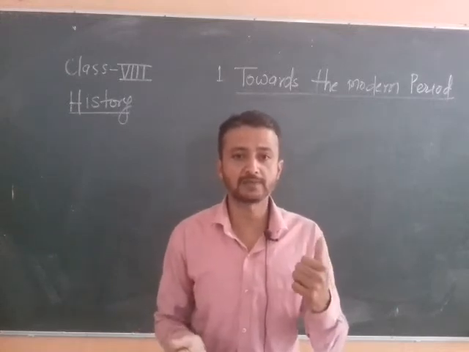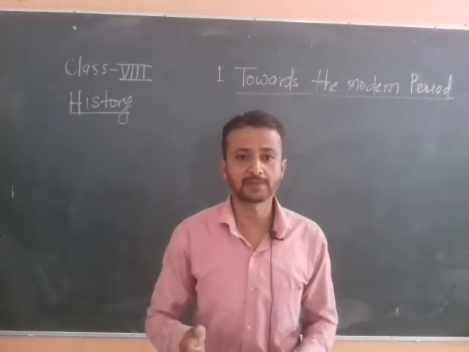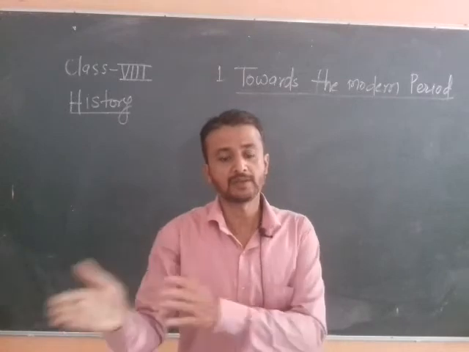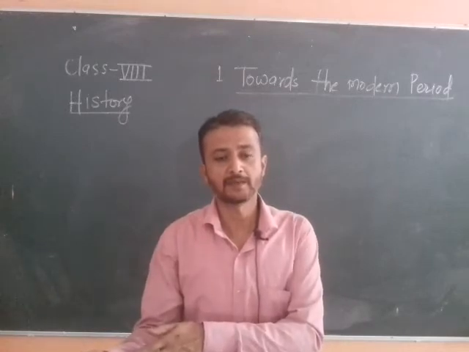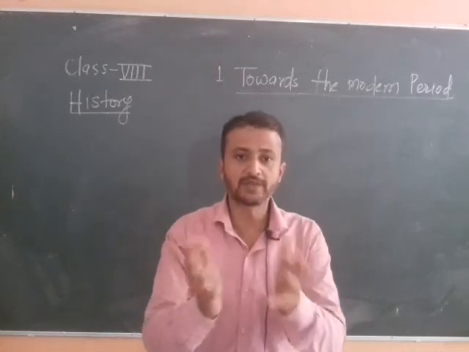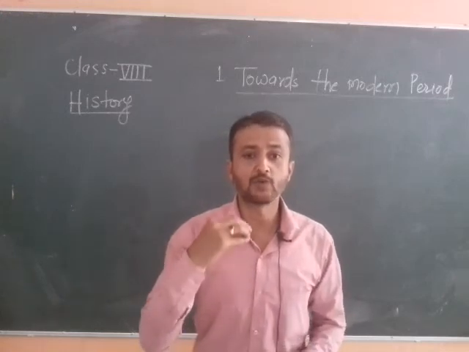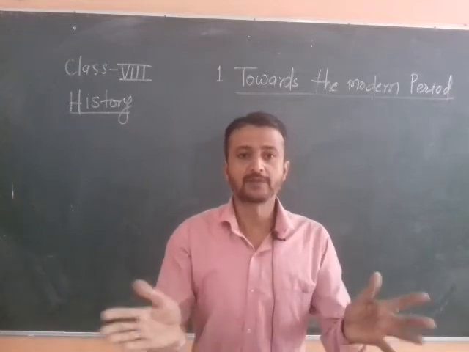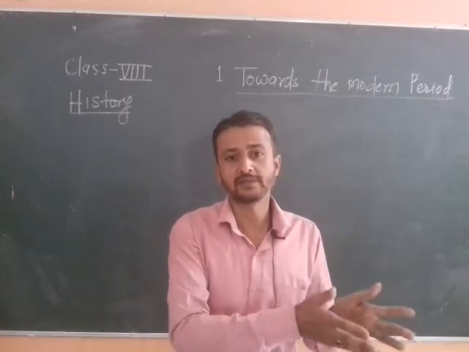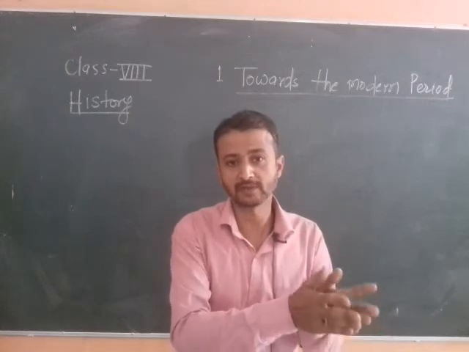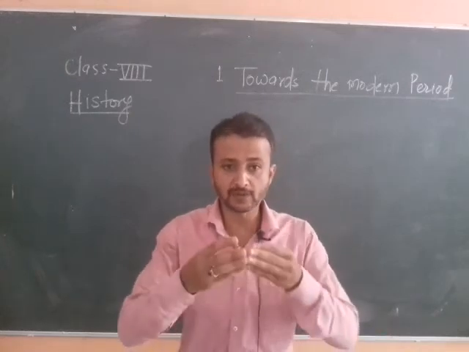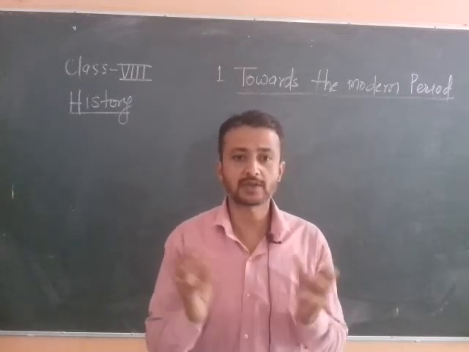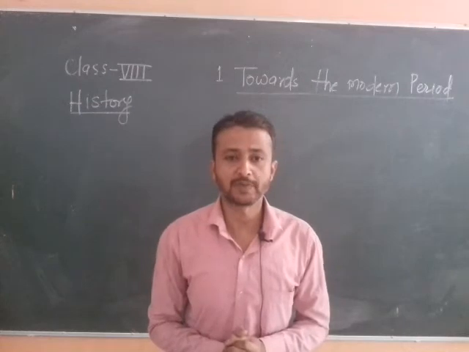In ancient and medieval periods, we have seen monarchies and kingdoms. But in modern period, we revolted against such practices, against such old institutions. After the revolt, we ended the rule of the monarchs, the kings, and established our own rule, that is democratic rule. So these are the important features of modern period.